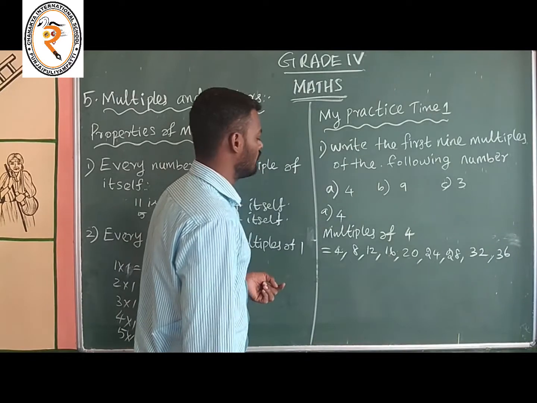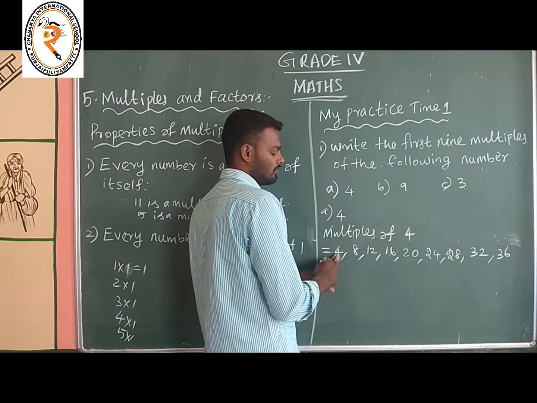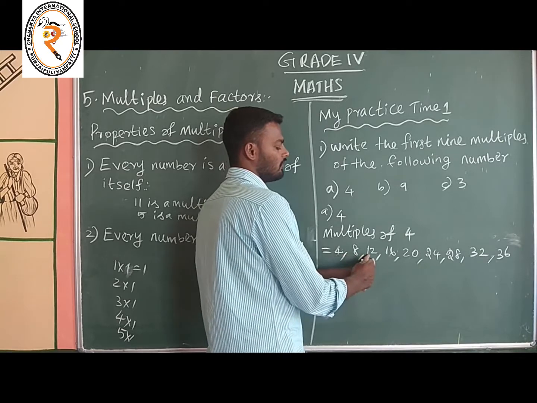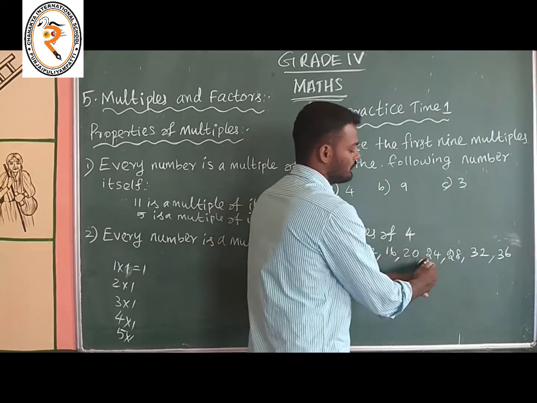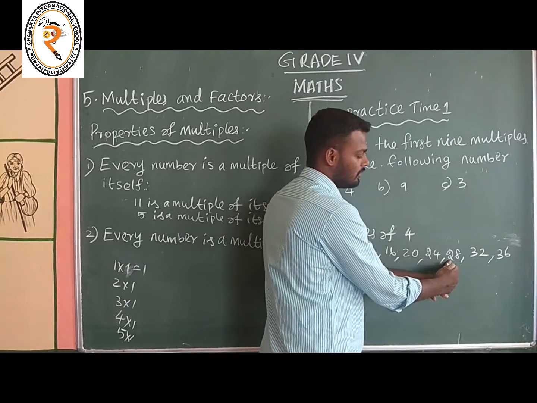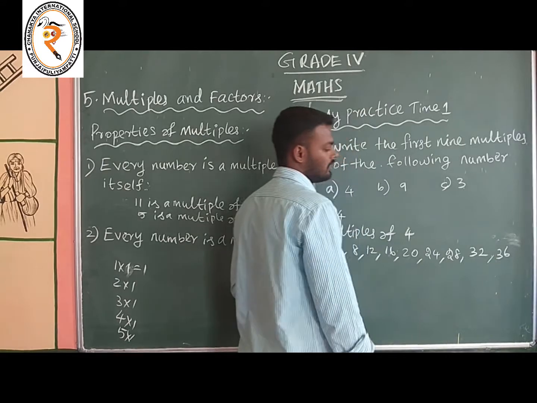So the multiples of 4 are the fourth table. 1 4 is 4, 2 4s are 8, 3 4s are 12, 4 4s are 16, 5 4s are 20, 6 4s are 24, 7 4s are 28, 8 4s are 32, 9 4s are 36.